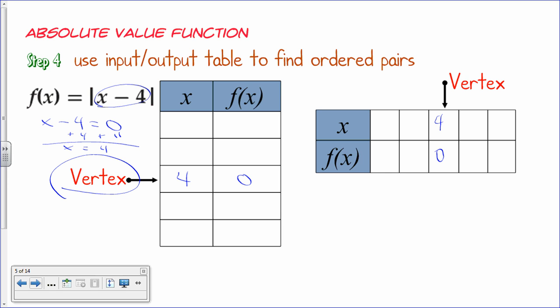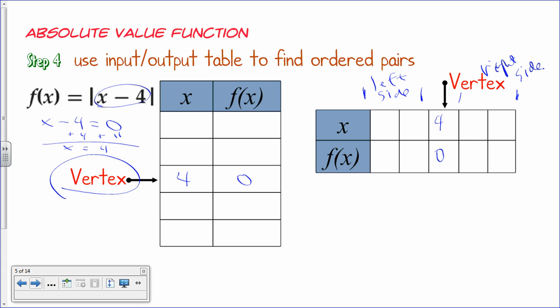Why? Because from here to here, that would be my what? Left side. From here to here, it would be my what? Right side. Is everybody with me on that? Okay?